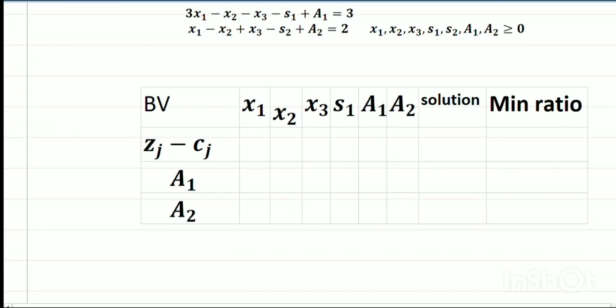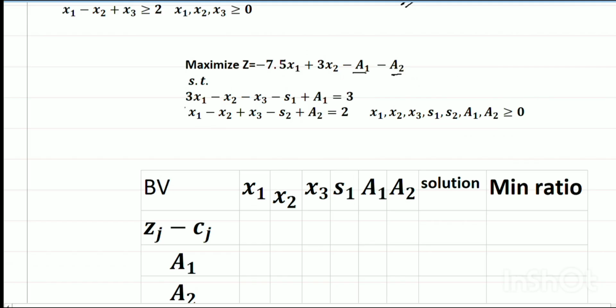Now you see that I create a table. In this table I use the simplex method. So you see the first number is 7.5 above this. And what is x2? x2 is 3. And what is x3? x3 is 0. What is s1?